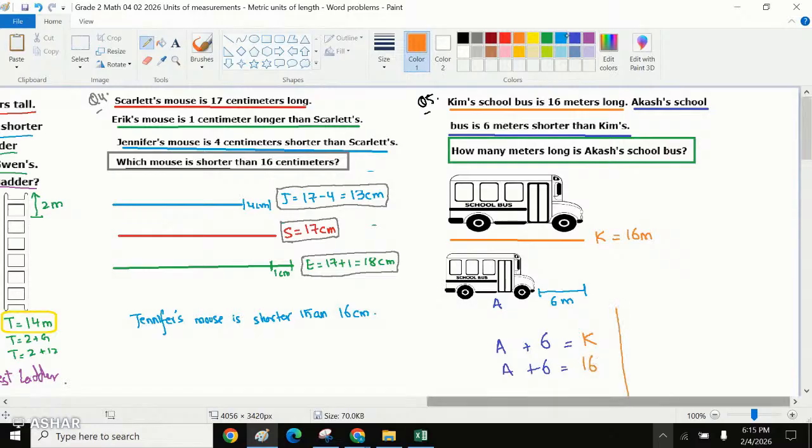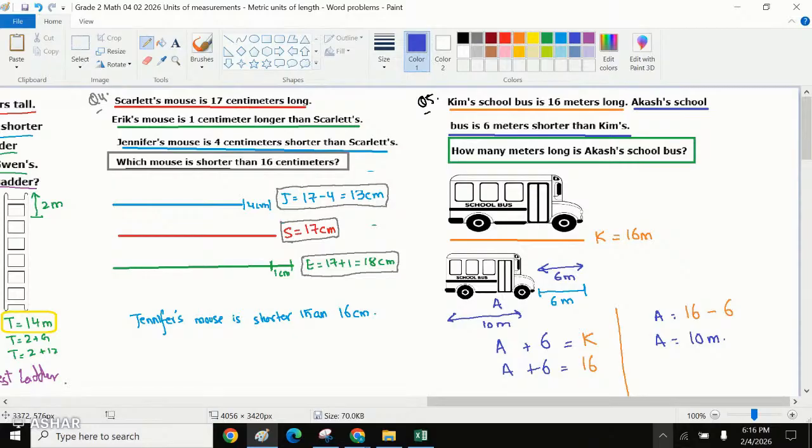Simplifying further, Akash's school bus would be 16 minus 6. The length of Akash's bus is 10 meters, because if this was 6 meters, then this part should be 10 meters. Agreed?